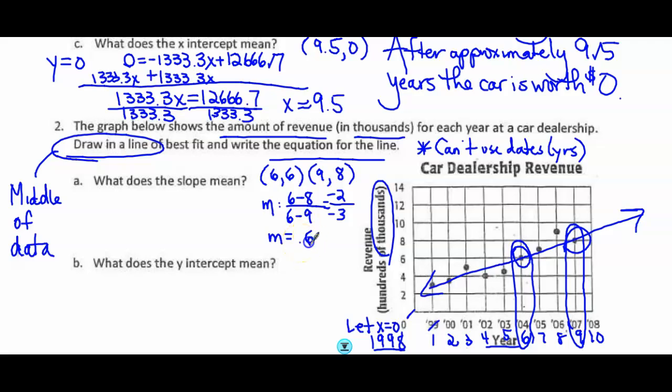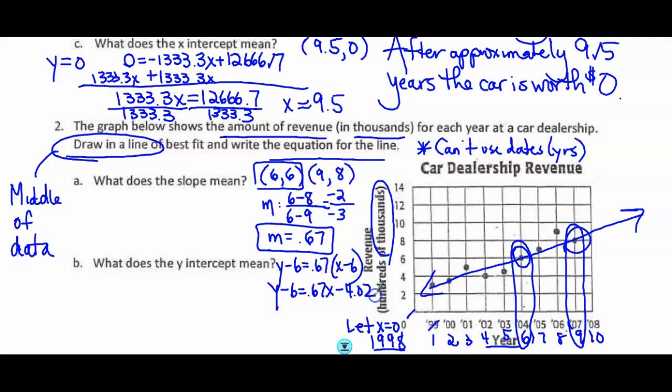I'm going to go 2 decimal places this time. You can go 1 decimal point, you can go 2 decimal points. These are approximations. I'm going to take this slope and the ordered pair 6, 6. Y minus 6 equals 0.67 times x minus 6. Y minus 6 equals 0.67x minus 4.02.